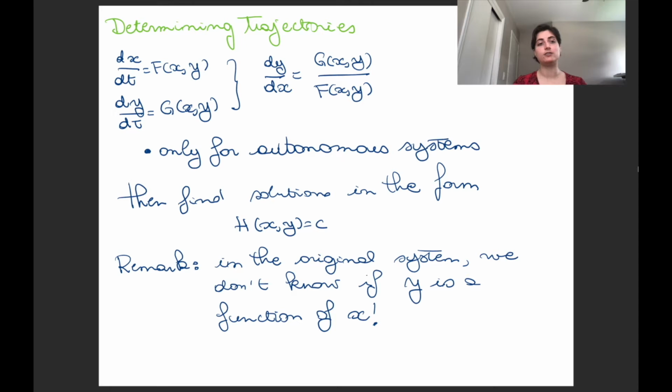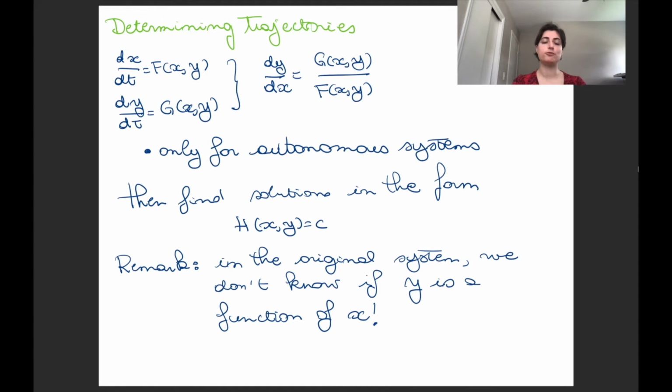that relies on rewriting dx/dt equals f of x,y, dy/dt equals g of x,y, so a 2D system, autonomous and nonlinear. We rewrite this as the fraction between dy/dt and dx/dt, that is dy over dx, as the fraction between g and f.